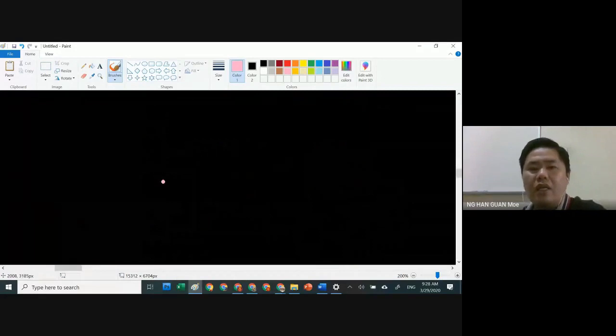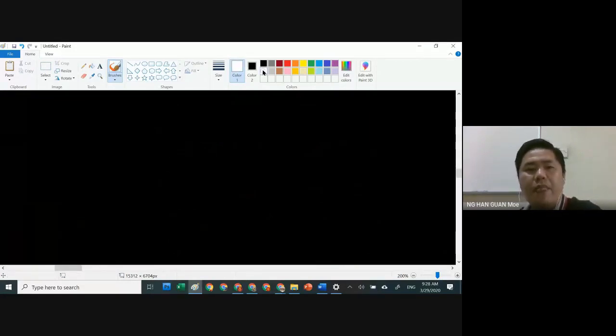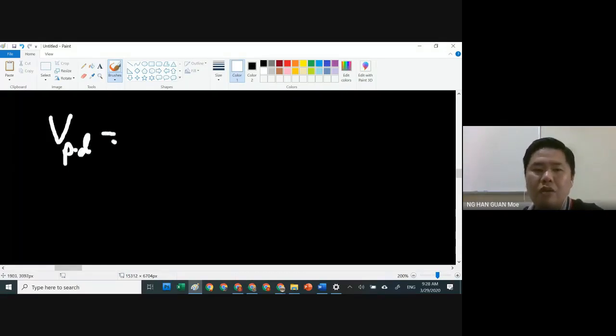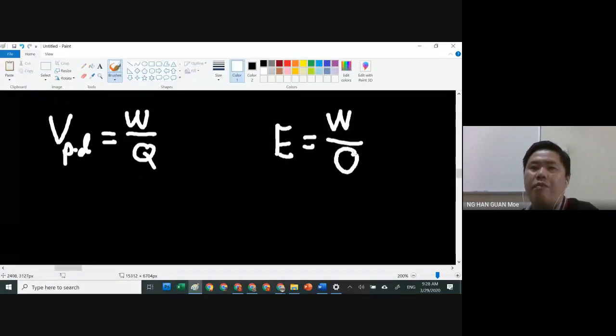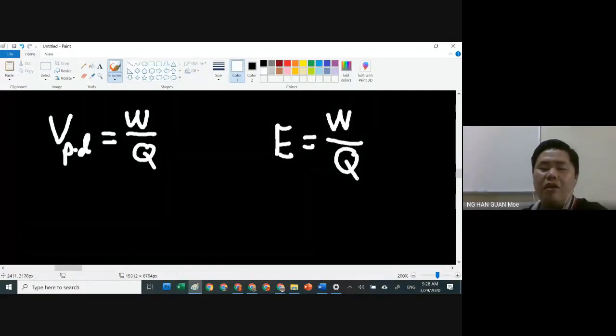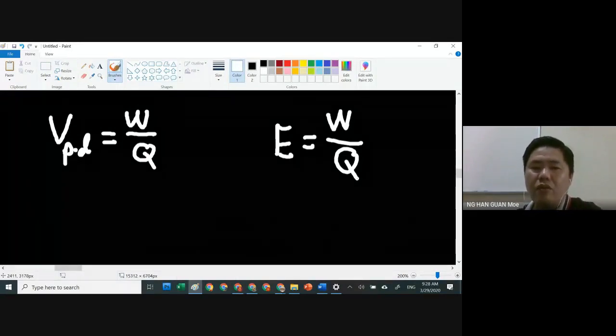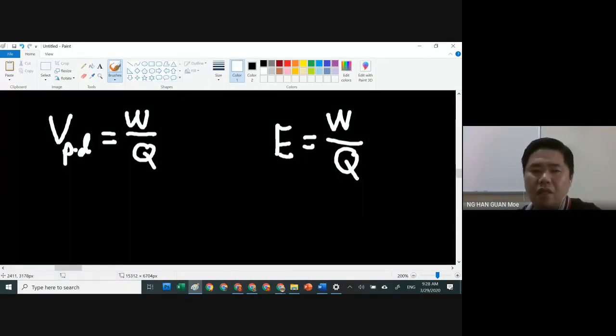Okay, so you see, for the potential difference, our formula is W over Q. For the EMF, our formula is also W over Q. But based on the definition, for the potential difference, W over Q is the work done per one coulomb of charge across 2 points in the circuit.